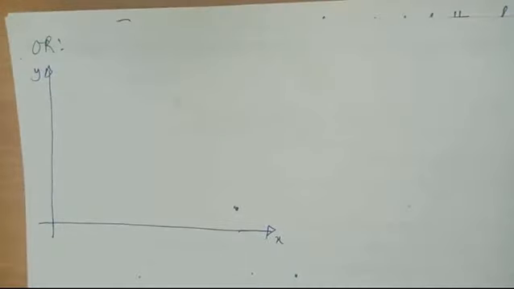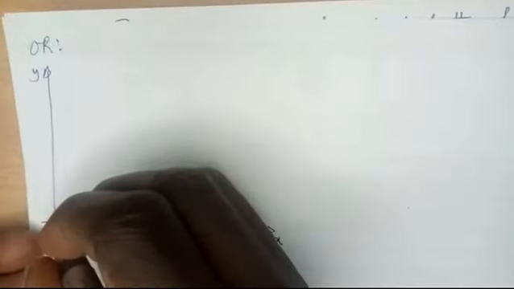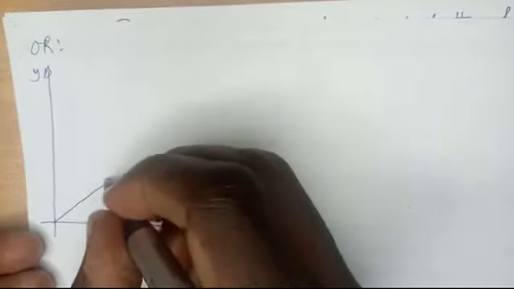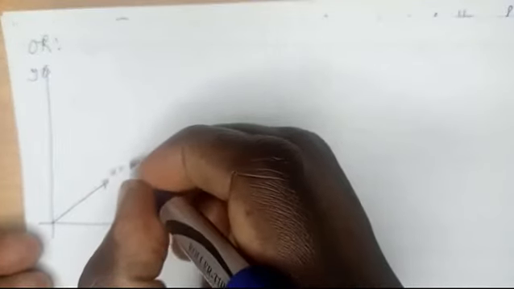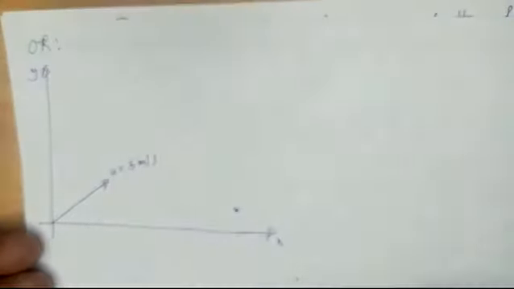Now this is our y and this is our x. So our particle is projected with an initial velocity of u equals 5 meters per second.